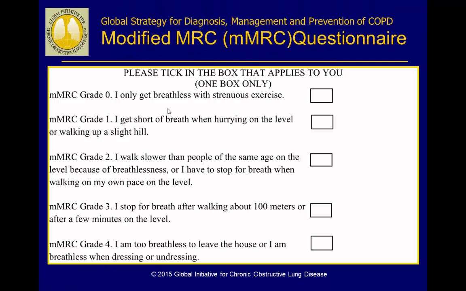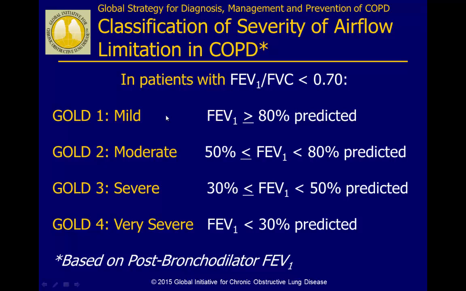You don't need to know the questionnaires, but it's important to know the classification for GOLD, okay, which, remember, is the Global Strategies for Diagnosis and Management of COPD. So mild COPD is when they have an FEV1 greater than or equal to 80% predicted, which is normal, even though remember that by classification, most of the time patients with COPD are less than 70.